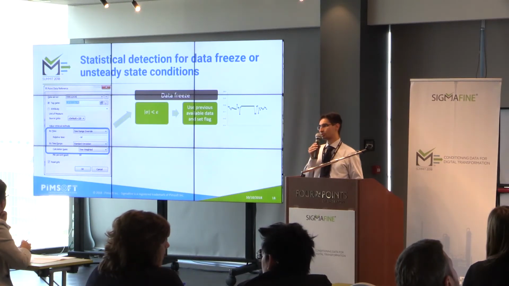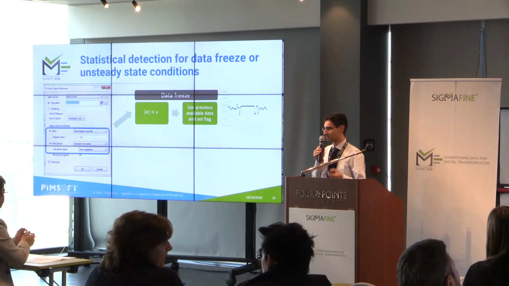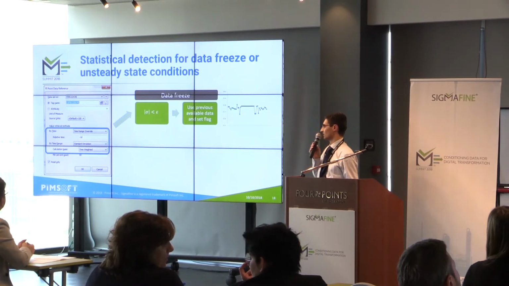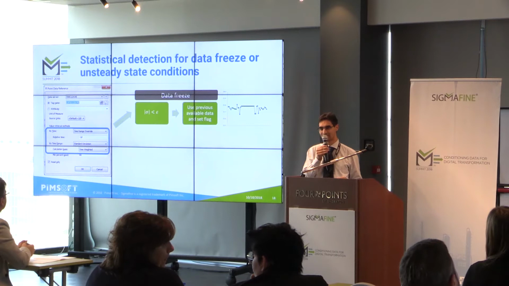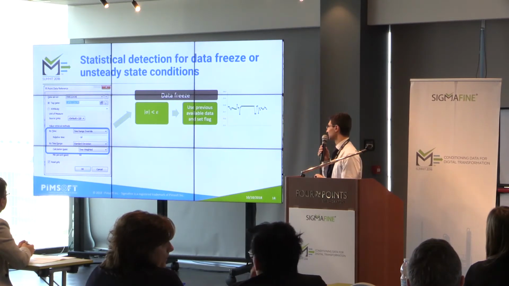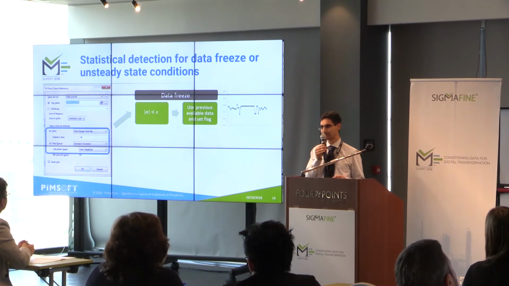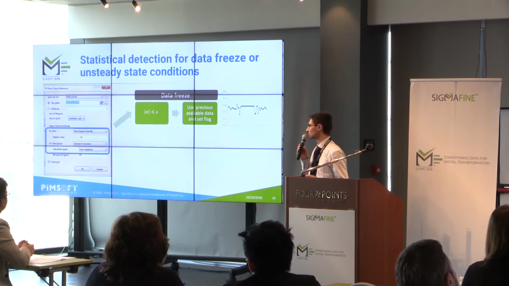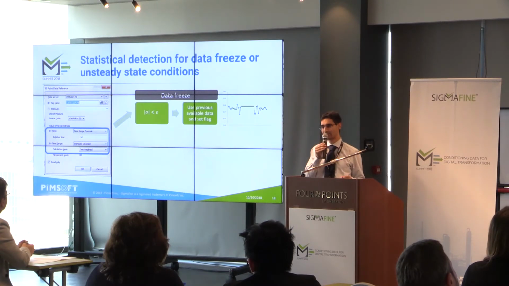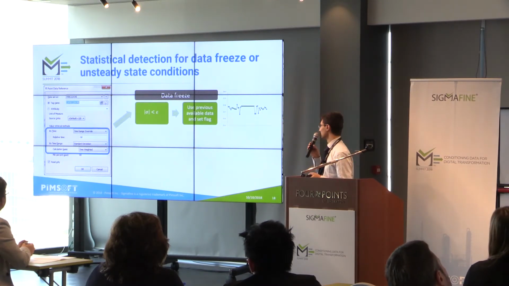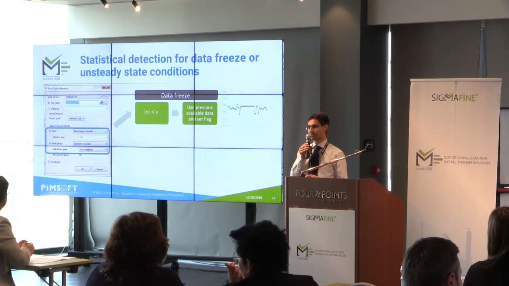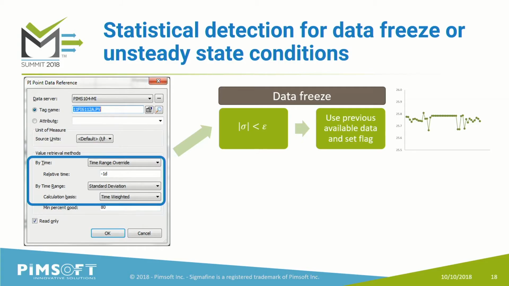If the standard deviation is less than a small acceptable number, okay, probably we are in the case of a data freeze, and so we can raise a flag and eventually decide what to do in case of data freeze. Still keep the value, or supply a different value, or some other strategy, but at least we have a method to detect it. So you could apply a PI notification, or record in a dashboard that there is some data issue.